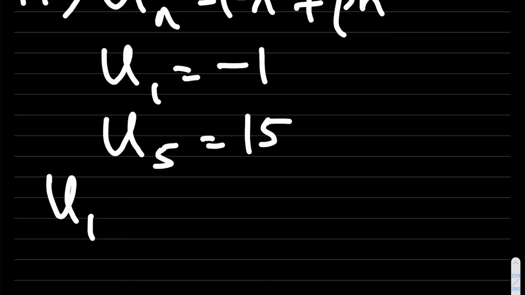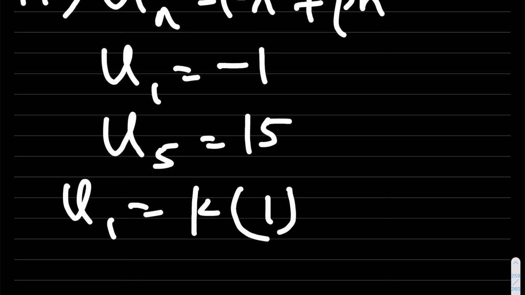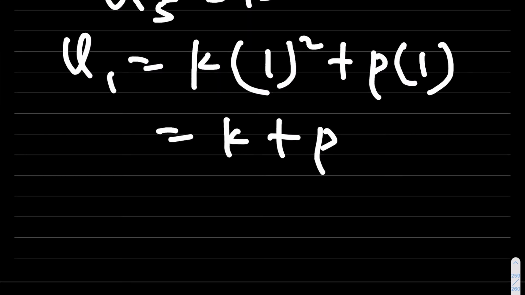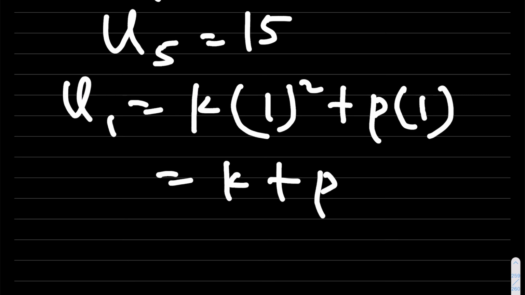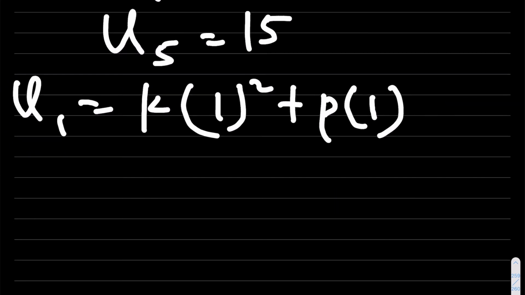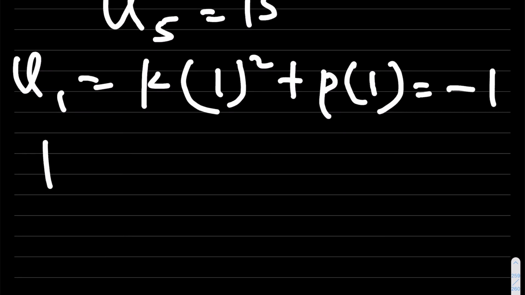That simply means u1 is actually equal to k times 1 squared plus p times 1, which means k plus p. And we know that the same u1 is minus 1. I think it would be better to write it this way: u1 is k times 1 squared plus p times 1, and it's given as minus 1. So that simply means k plus p equals minus 1.